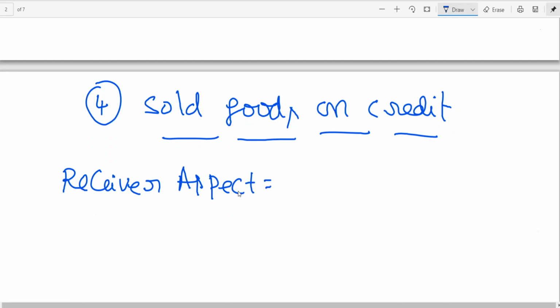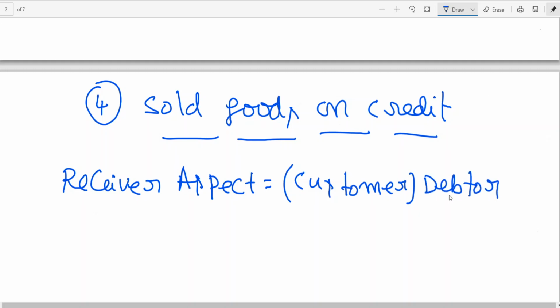Receiver aspect is nothing but the customer. When the business is selling something, who is receiving? Customer. So receiver, not receiving. Who is the receiver? Customer. And technically he is known as debtor.